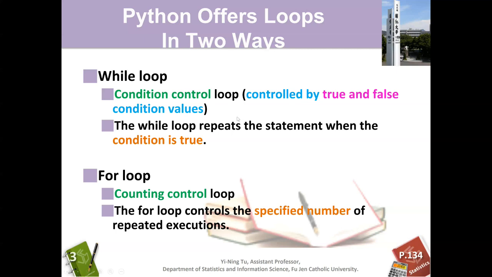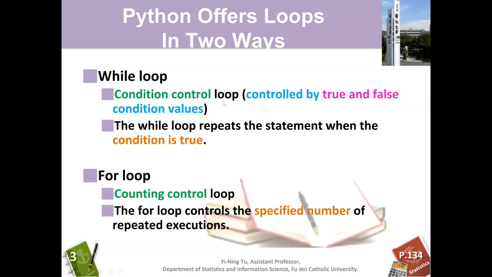When it is incorrect, we will do the thing again until, bingo, someday he gets the number. In that kind of situation, we will use the while. But if you already know how many times you want to do the loop, you use the for.